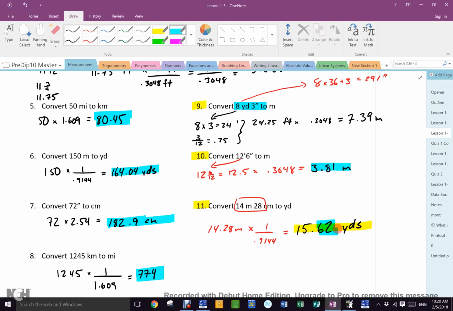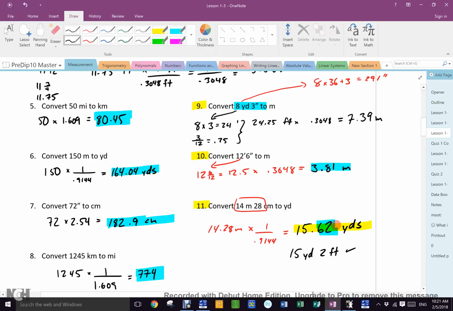Now, if we're going to do this not as an estimate, but just as close, 0.62 is pretty darn close to 2/3 of a foot, yes? Or 2/3 of a yard, right? Because 2/3 is 0.67, yeah? So if I'm going to say that's 2/3 of a yard, this is essentially 15 yards and 2/3 of the next yard, which is 2 feet. Does everyone agree? That's a great answer.